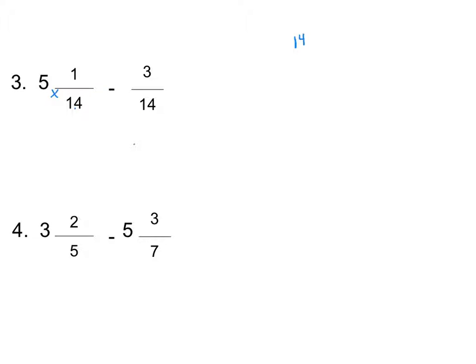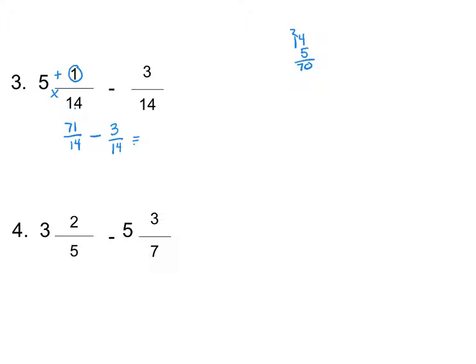So I'm going to do that over here. So that's 20. 5 times 1 is 5, plus 2 more is 7. So I have 70. Plus I have this one that I need to add. So I have 70 plus 1 is 71/14. And then I have to subtract 3/14.